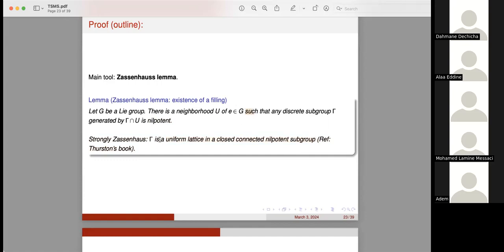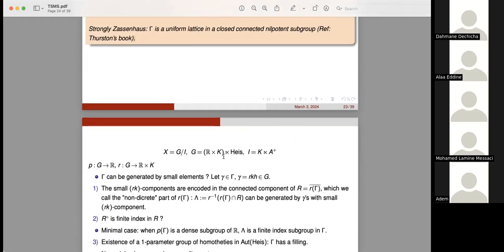Here it says that we have a synthetic hole of gamma which is nilpotent inside J. And this version of the theorem, you can find it in Thurston's book on geometric structures.